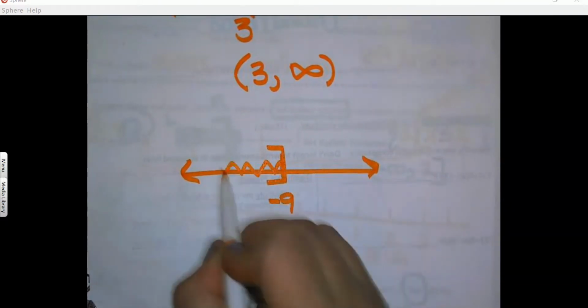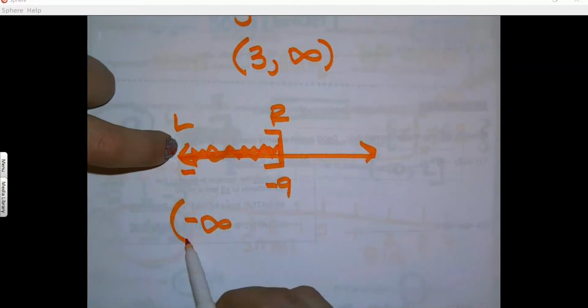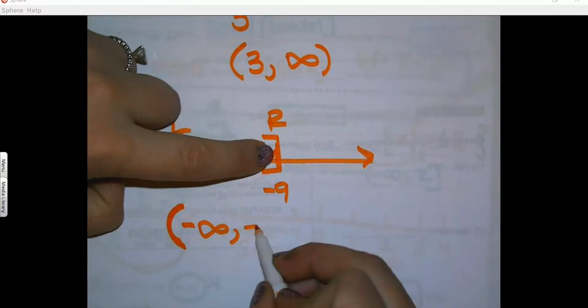Negative 9 with a bracket like this to the left. We'd write this one, it's going infinitely, so it's always left to right. So it's going infinitely to the negatives on the left side. Parenthesis always goes around infinity, always a parenthesis around infinity, and then it stops at negative 9.